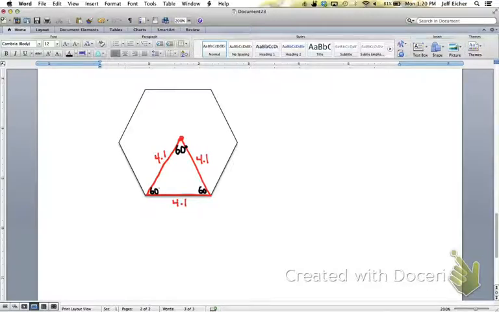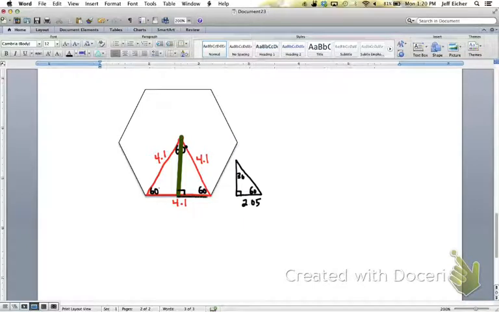Now all that we need is the apothem length. You have a 90-degree angle there, so you have a 30, 60, 90 triangle. There's 90, here's 60, here's 30. Half of 4.1 is 2.05.